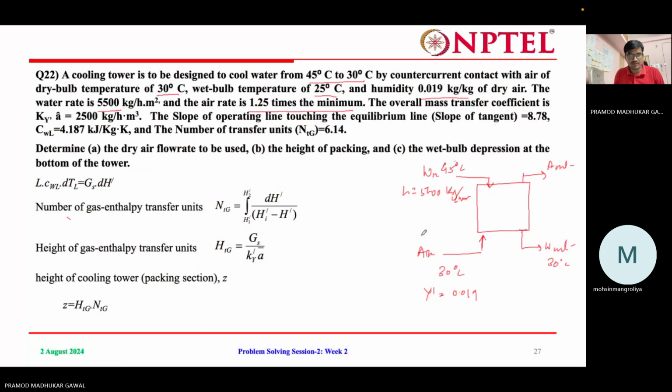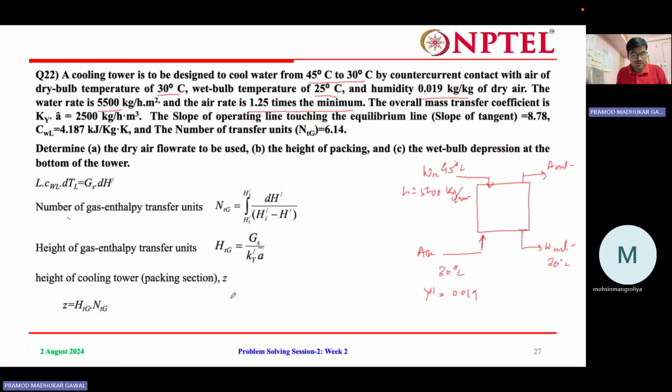Here is the relation: L into CWL into dTL equal to GS into dH. Here L is the water flow rate in kg per meter square per second, CW is the heat capacity, dT is the temperature difference of the water, and GS is the air flow rate in kg of dry air per meter square per second. dH is the enthalpy difference.